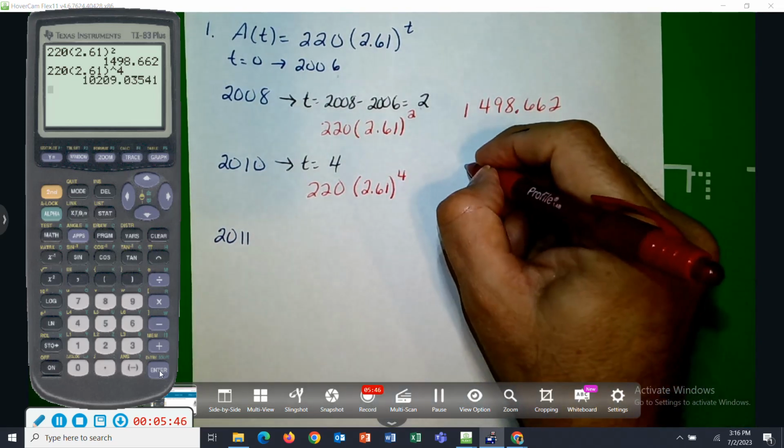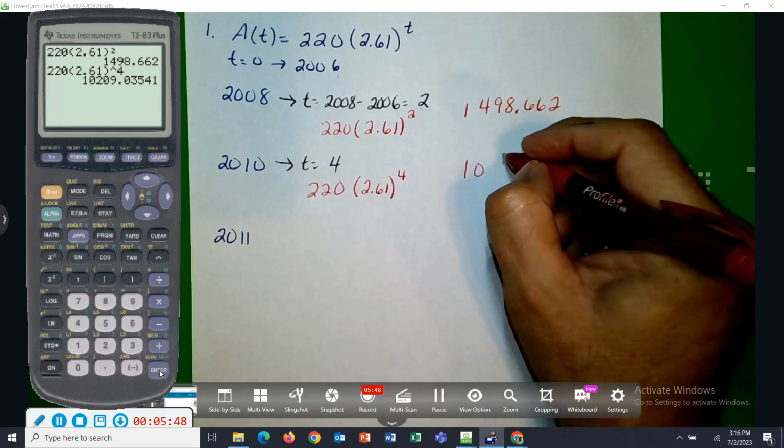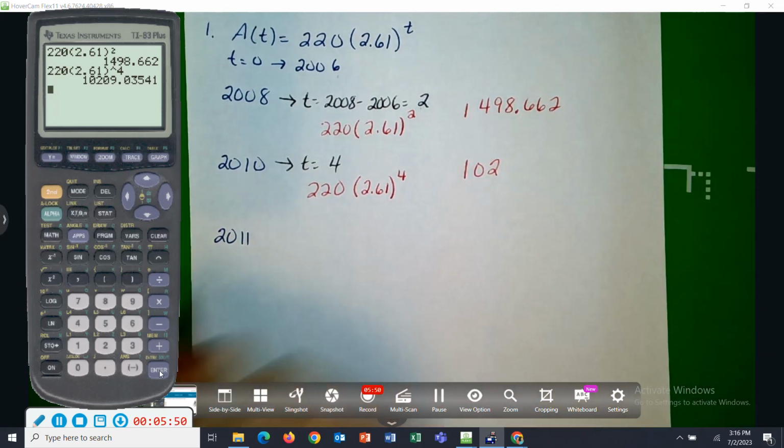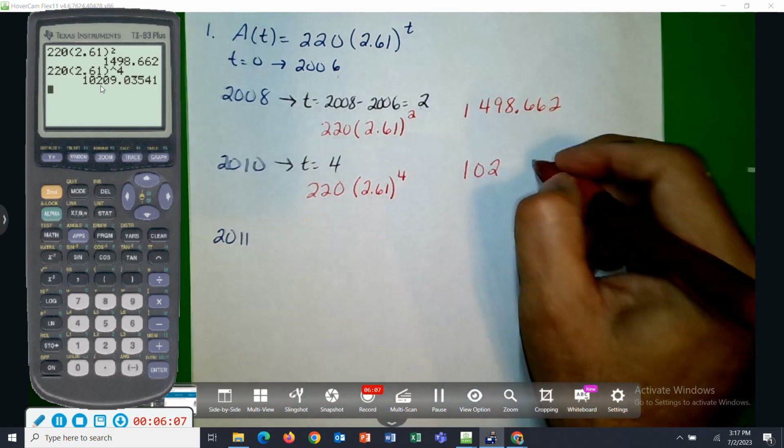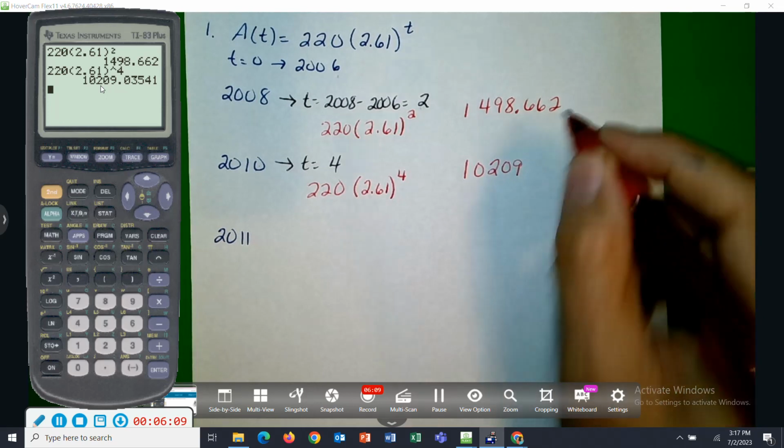So we're getting 10,209.002. We're rounding to the nearest integer. So am I going to leave this 10,209 or make it 10,210? Well, the digit after the decimal point is a 0, so it's going to just stay 10,209.